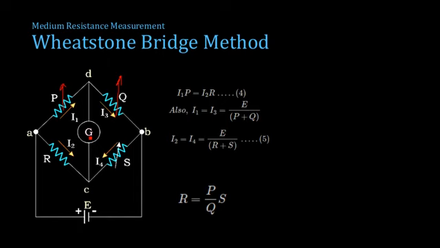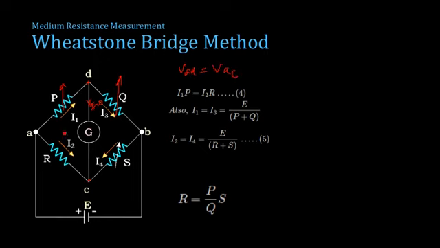Once the galvanometer reads 0, what happens? The potential at point D and the potential at point C will be equal, since the current flowing through this is 0. So once the potential is the same, the voltage VAD will be equal to VAC.